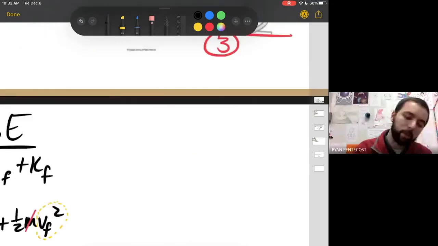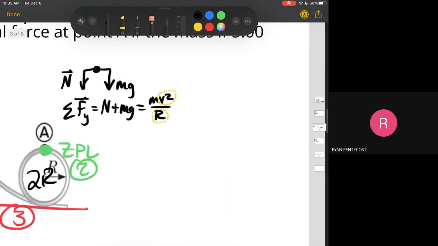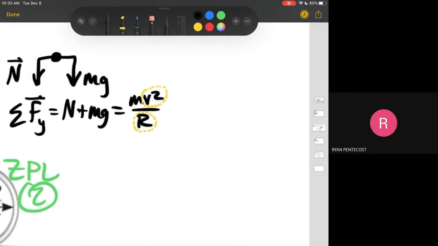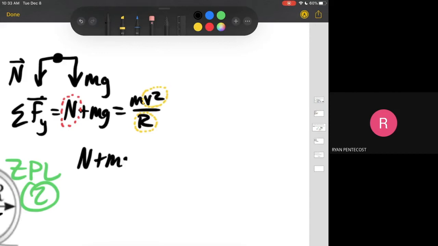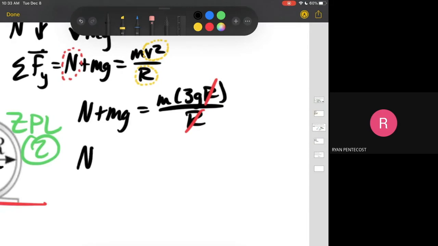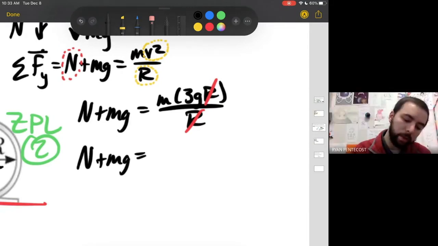How convenient, right? So if we want normal force, that is what we are solving for up here. So we have normal force plus mg equals m times 3gr divided by r. The r's will cancel. So you have n plus mg equals 3mg.